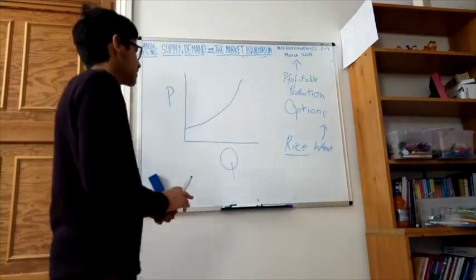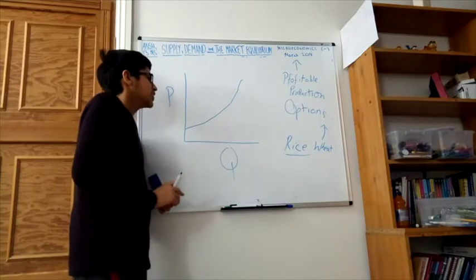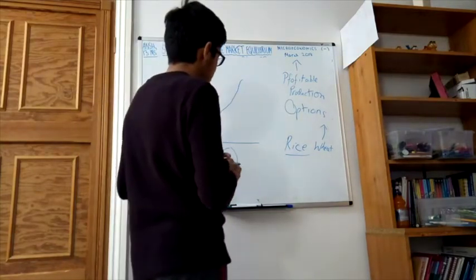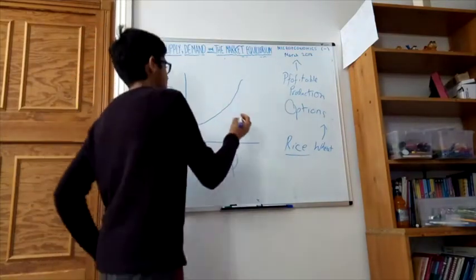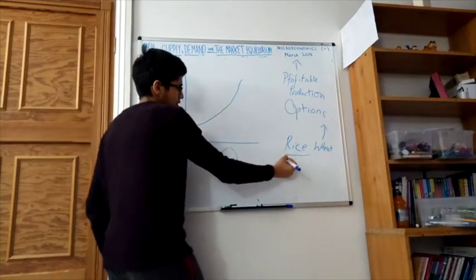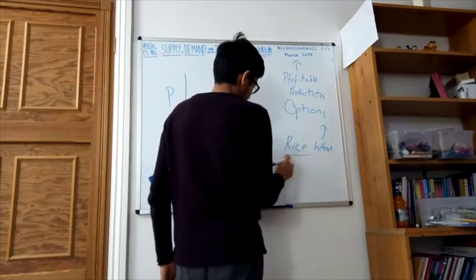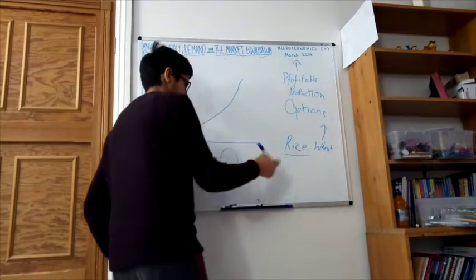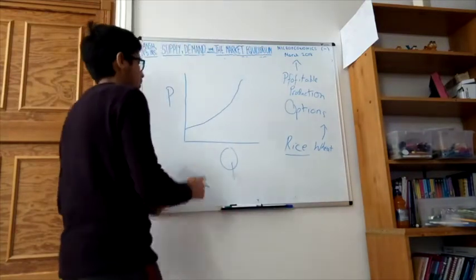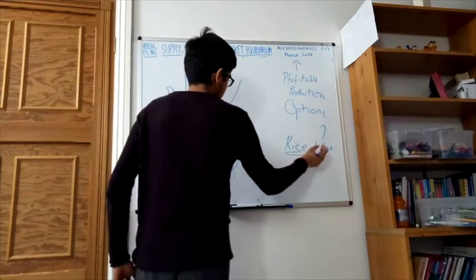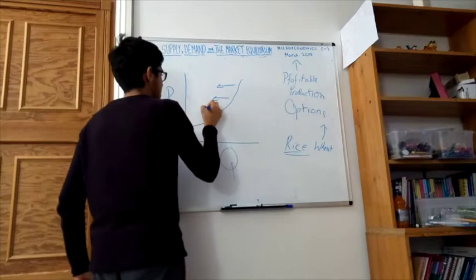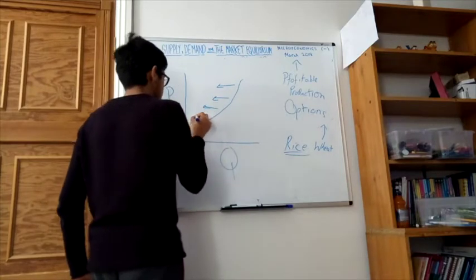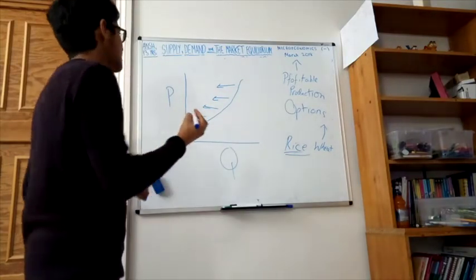So now we're going to get even more money for producing wheat. So now we're going to devote less of our land to producing rice and much more of our land to producing wheat, as we're getting more money for it. The only reason we might keep a bit of rice production continuing is so we have a backup, or we might just like producing rice. But the point is that if you're getting paid more for producing wheat, you produce less rice.